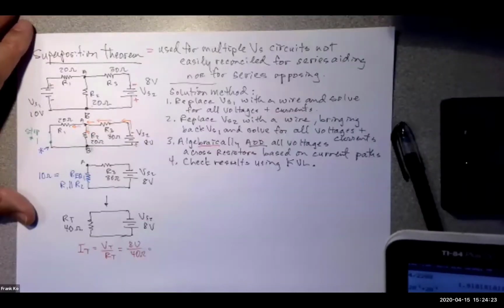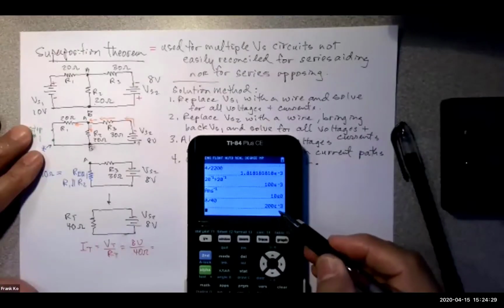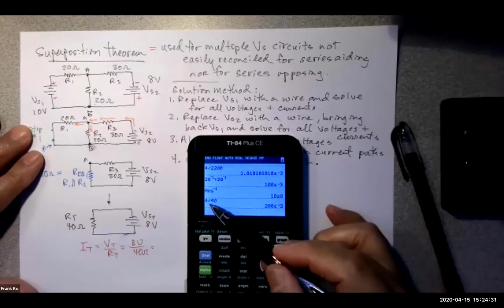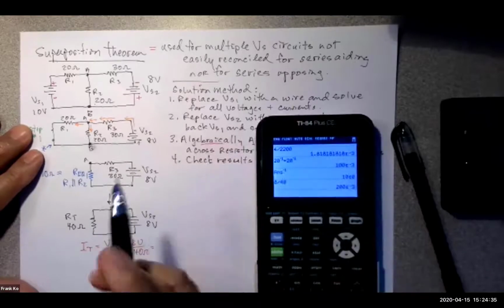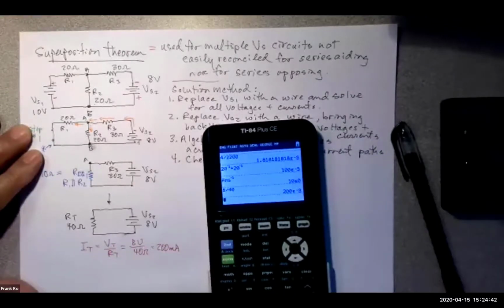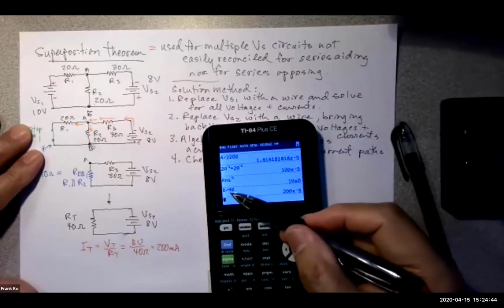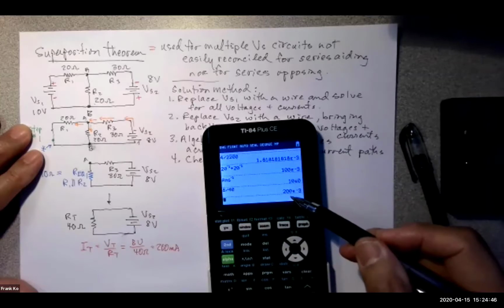I got 200 milliamps, because mine also shows 200. 200 exponent negative 3. So 8 divided by 40, 200 exponent negative 3. So this is going to be 200 milliamps. Are we correct there? It's just 8 divided by 40, there's your 200 milli.